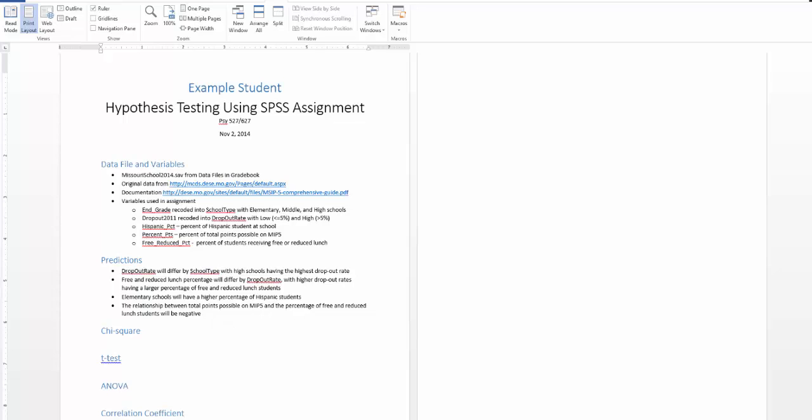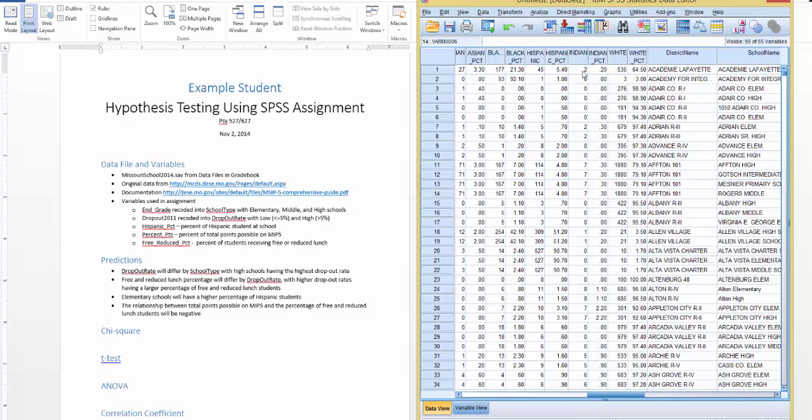Okay, so first I pull up my SPSS file, and I will do the first one, the chi-square first, that is the dropout rate by school types.